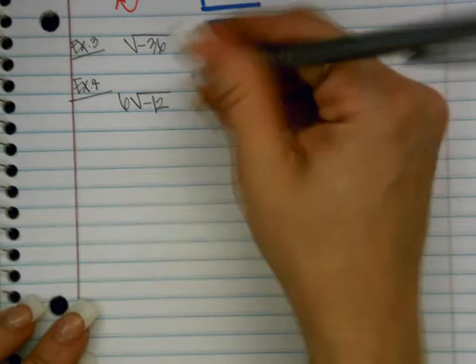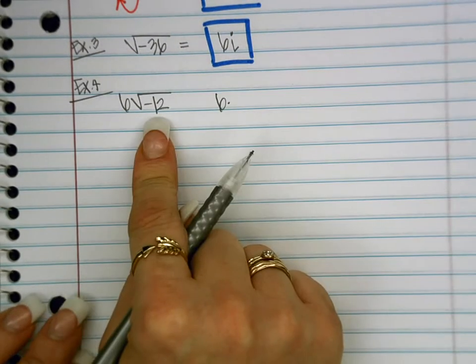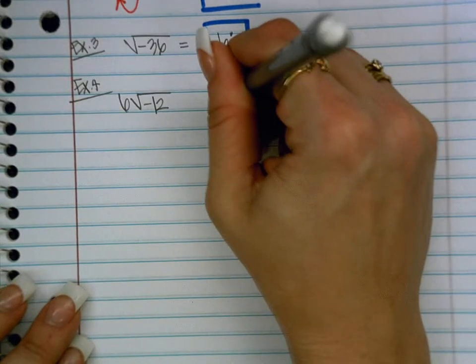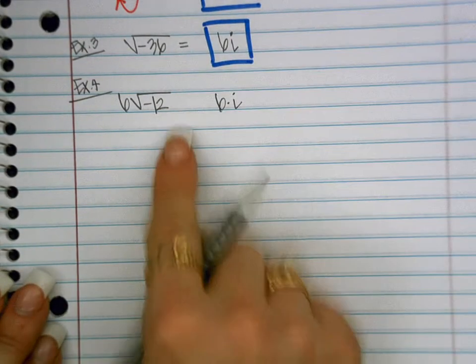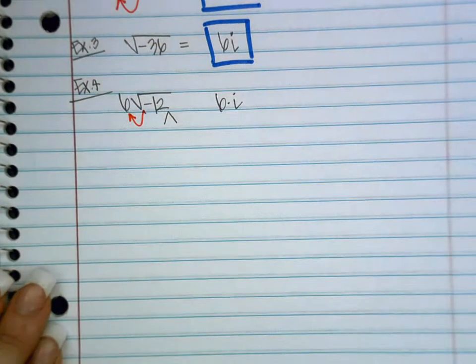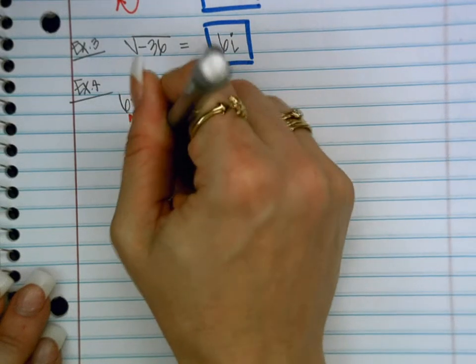So here, you know that you have a 6 on the outside. It is attached by multiplication. What are you going to be able to take out from underneath this radical? For sure, you can take out an I. I is always the first thing you should take out. Then, what does 12 break down to? 2 and 6. You can break it down however you'd like. You're going to end up with 2 times 2 times 3.